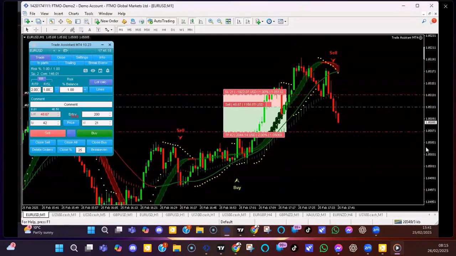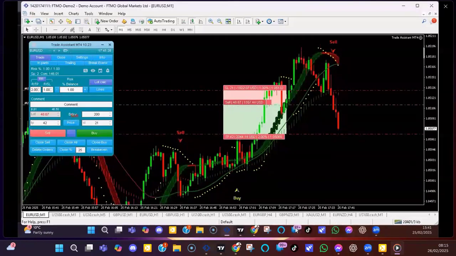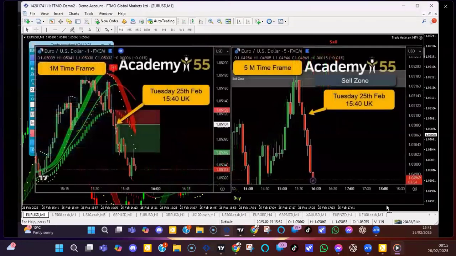We get a red wave, a red sell alert, a red trend, and we take it down for a 2-to-1 profit, as you can see there. Like I said, they're not all as quick as this, but keep watching to the end. I'll show you the price going into the 5-minute time frame. If you want to know more, please subscribe to our YouTube channel and have a look in comments to see how you can join us with this phenomenal system.